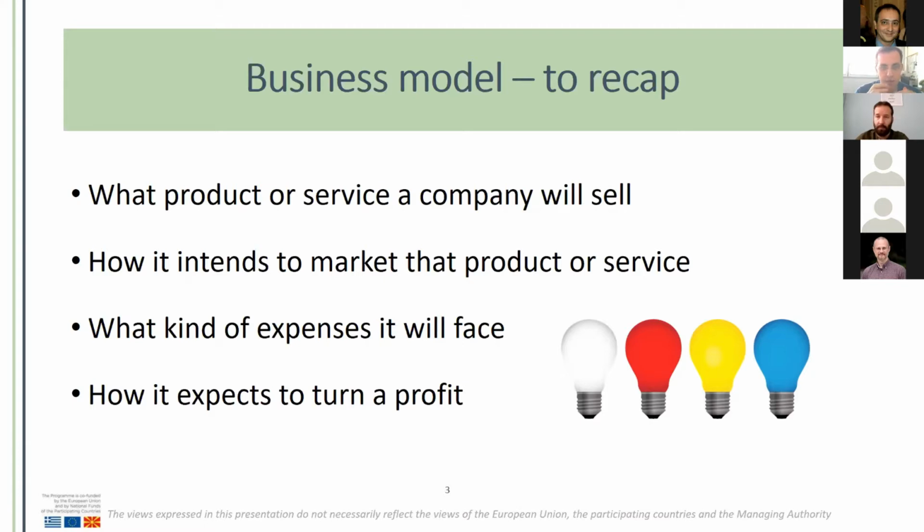So most of these things are going to be answered using the business canvas model, like what's your product, how it intends to market, etc.